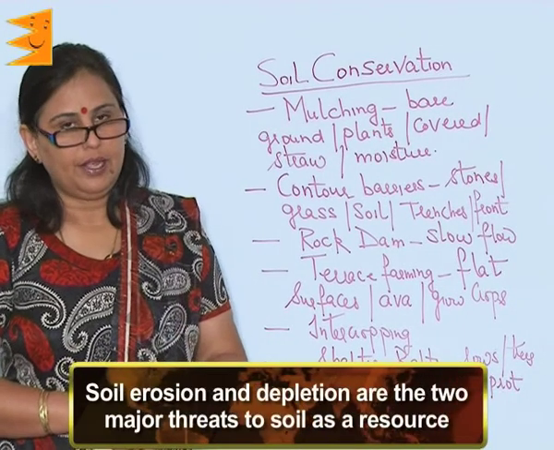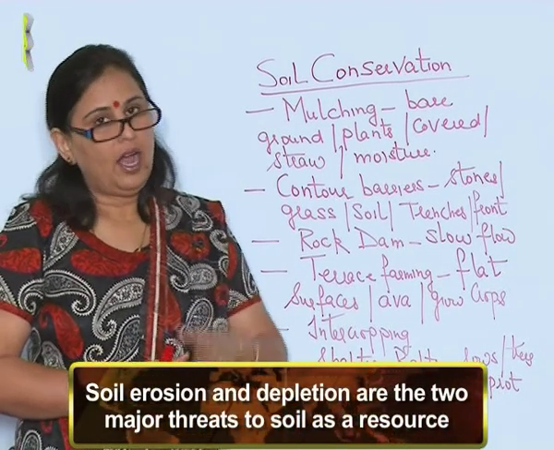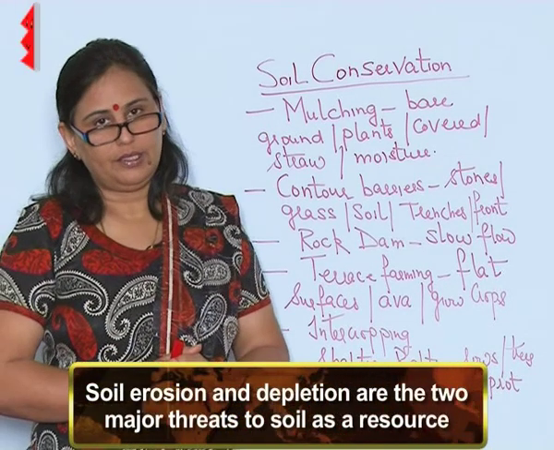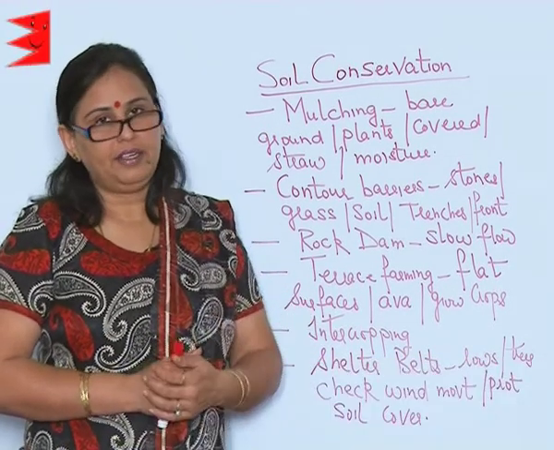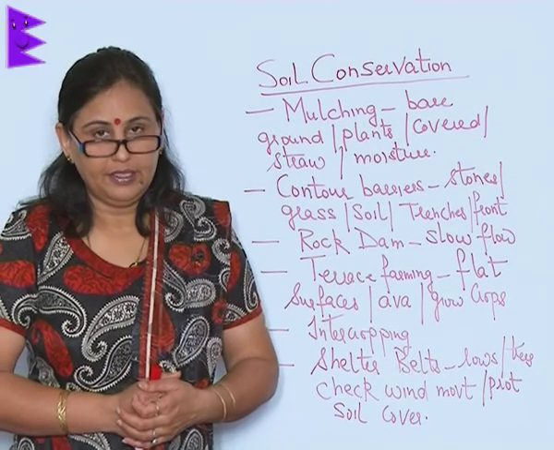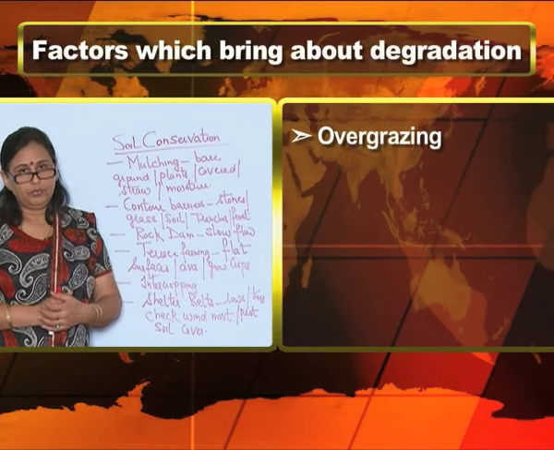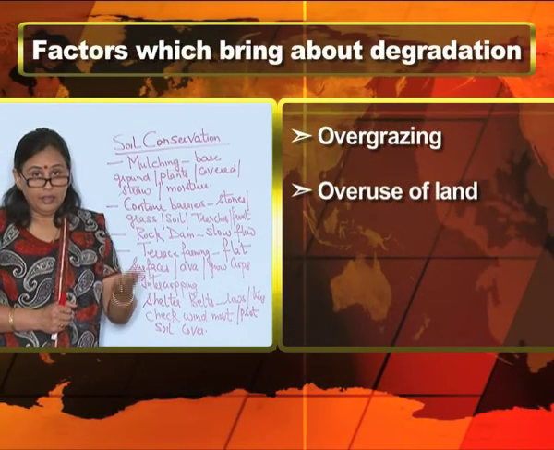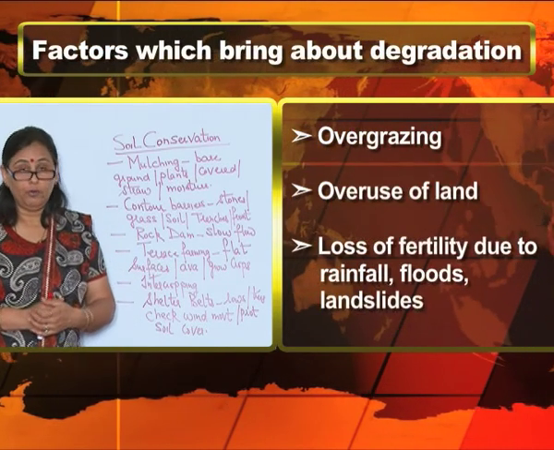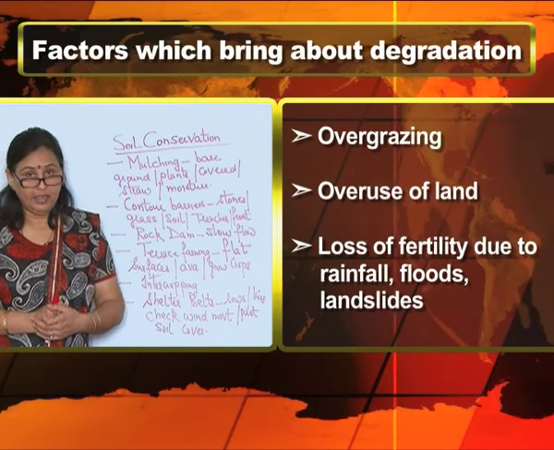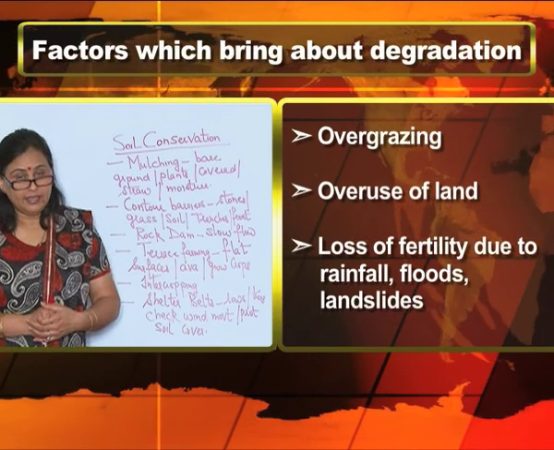Soil erosion and depletion are the two major threats to soil as a resource. There are various factors which bring about the degradation, that is overgrazing or overuse of the land, or the loss of fertility due to various factors, or the rainfall, that is the floods when they come, landslides.